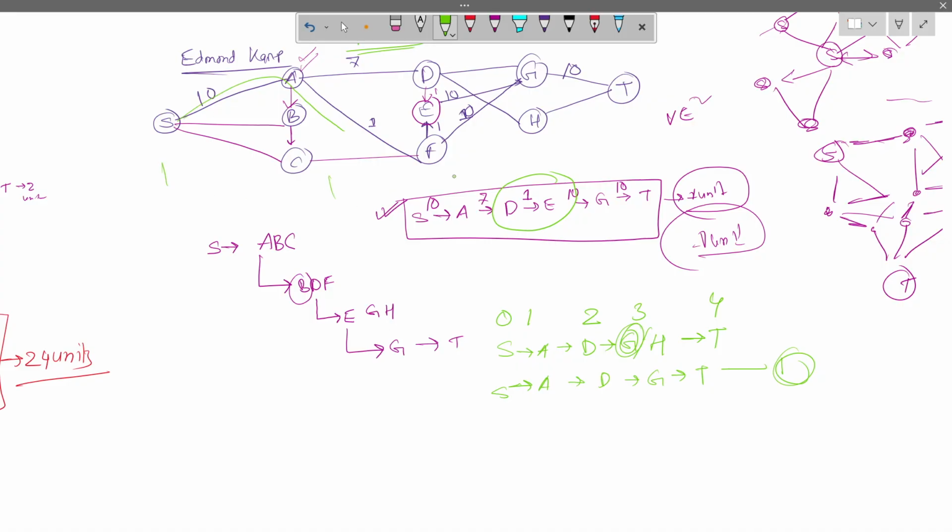When this level is complete and we cannot flow anymore, then it will go to the next one.